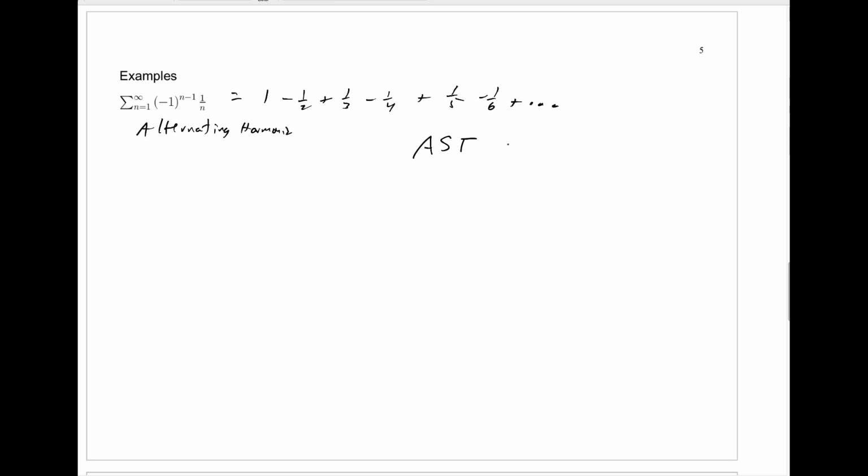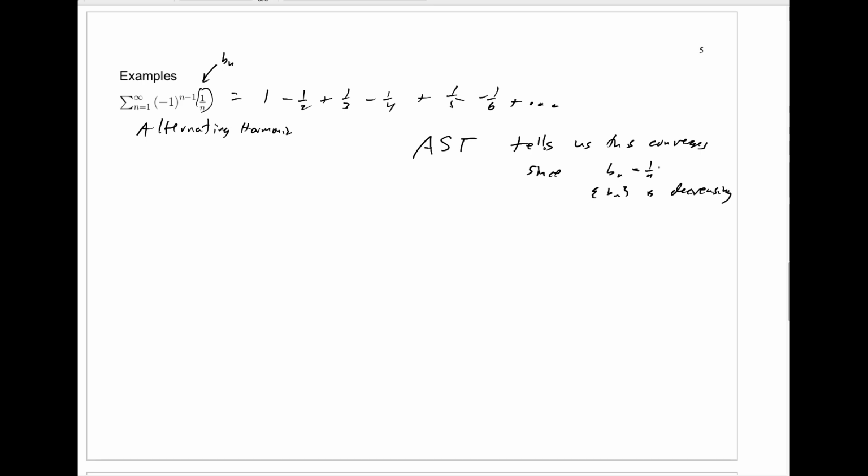The alternating series test tells us this converges, since what we call b sub n here, that's just the 1 over n part, the sequence b sub n is decreasing.